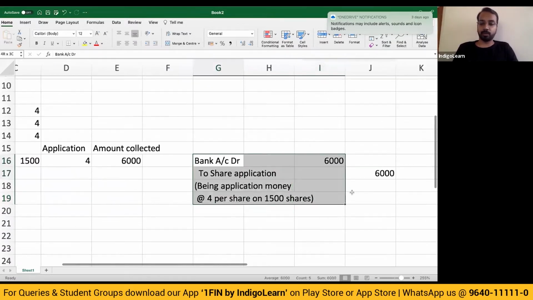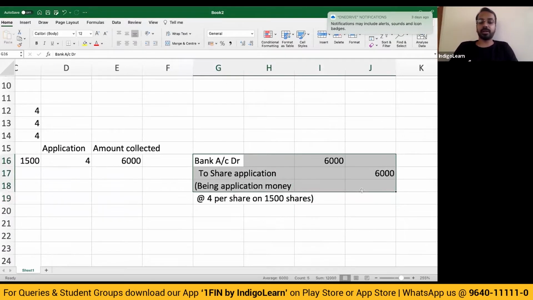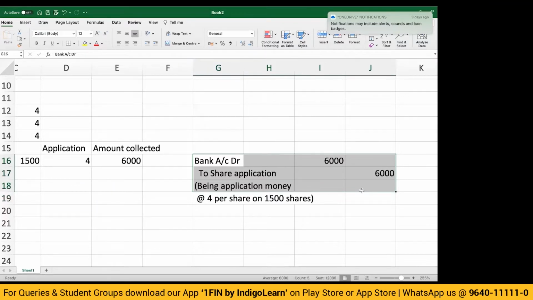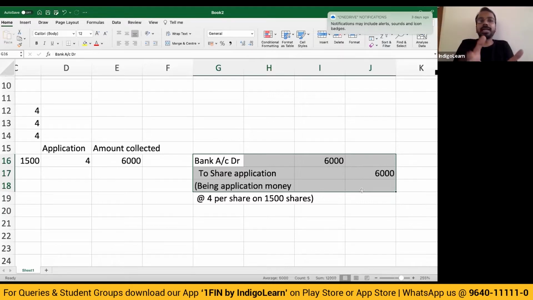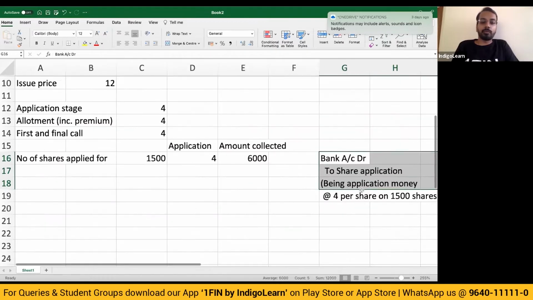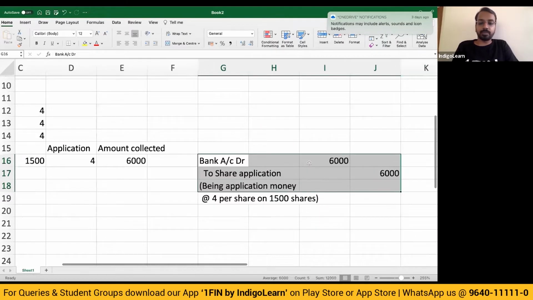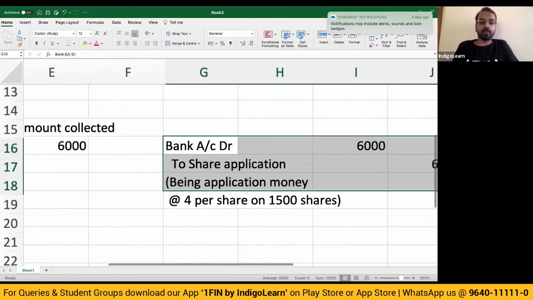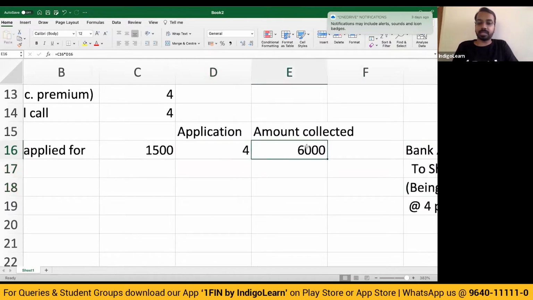This entry everybody knows. Now what is the next step after this share application entry? You will transfer to owner's account, or transfer this to share capital account. Basically, we allot the shares. Now tell me, what is the value out of this? We have collected 4 on 1500 shares at application, 6,000.